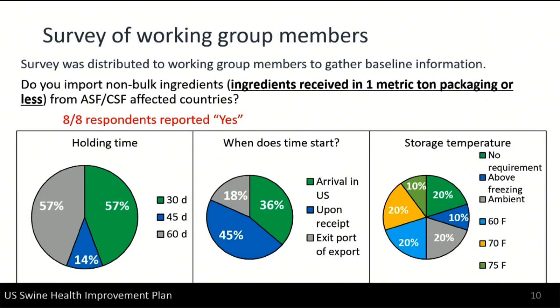So 50-pound bags, 1-ton poly totes, basically non-bulk ingredients. Of the 8 responses for this question, all 8 imported these products from ASF or CSF affected countries.